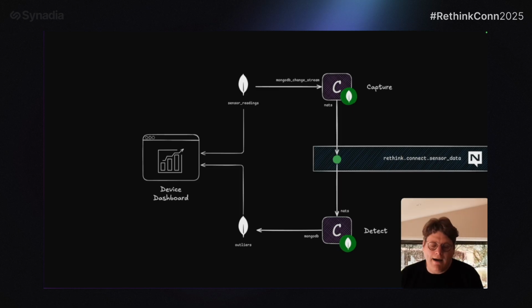So I've set up a little demo that will read data from MongoDB. It will do change data capture, so listen for the changes happening on a sensor readings collection, and use a connector to send that data onto a subject on NATS. Once that data has been written, I will use a second connector to listen to those messages.